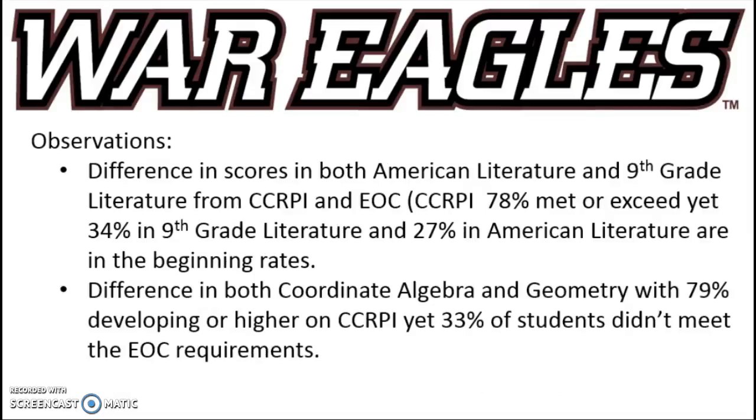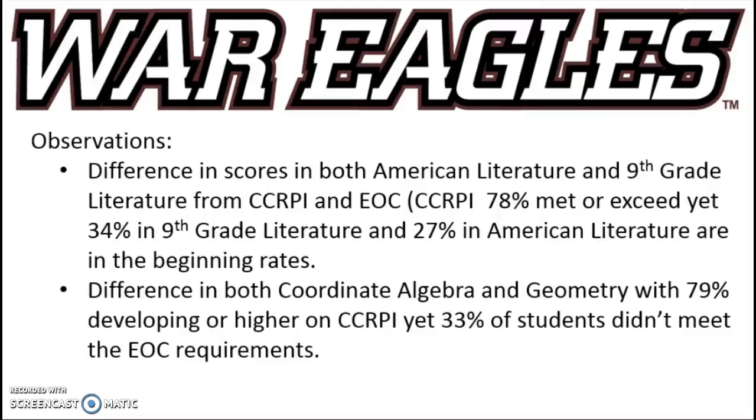Other observations: the difference in the scores between American Lit and ninth grade Lit from our CCRPI to our EOC. In CCRPI, 78% of our students met or exceeded, yet only 34% in ninth grade Lit and 27% in American Lit are at the beginning rates. So how is there only a 22% difference in CCRPI, yet a 34 or 27% difference in EOC?